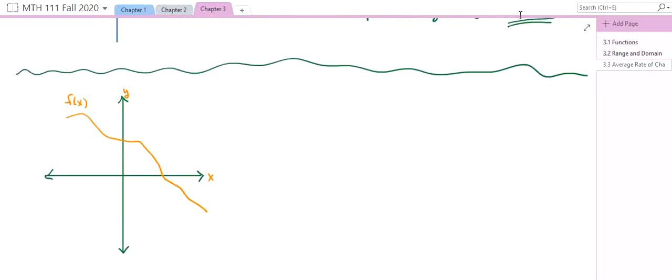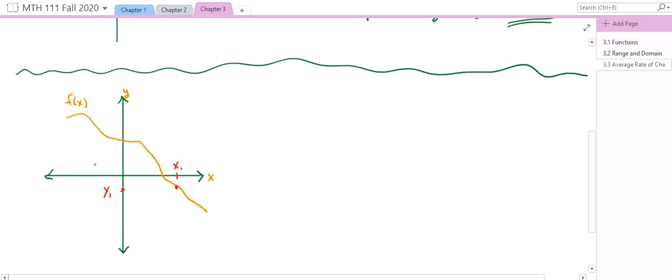Well, if we have a function, one way we can look at this is if I choose some x value, this is going to produce some y value like we were saying.